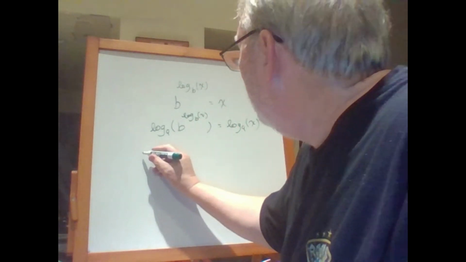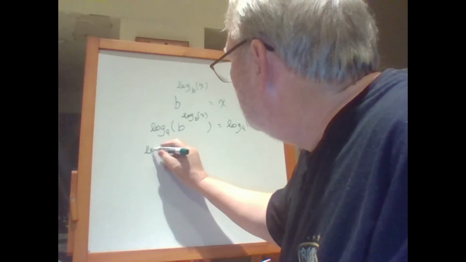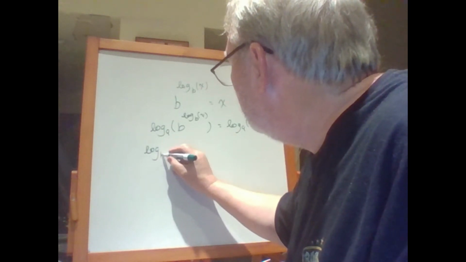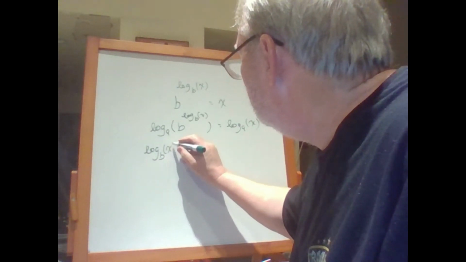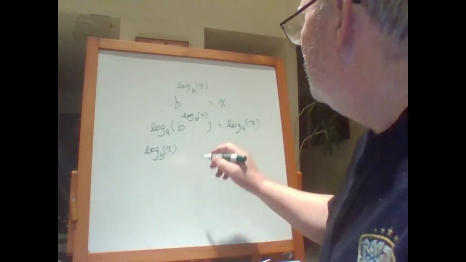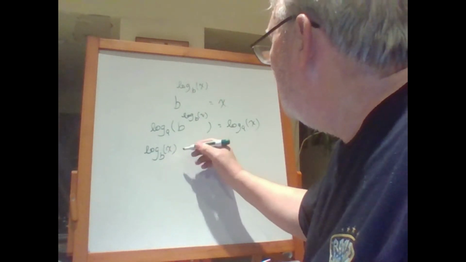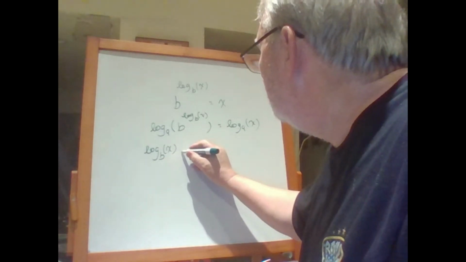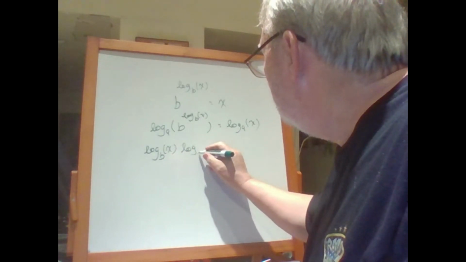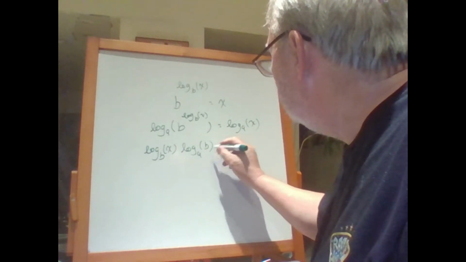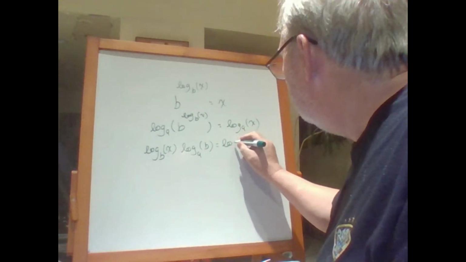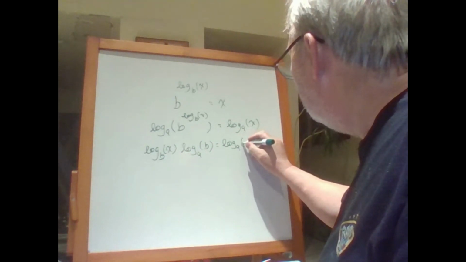But then we have log b of x times log a of b equals log a of x.